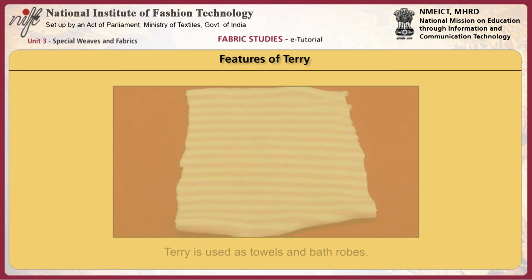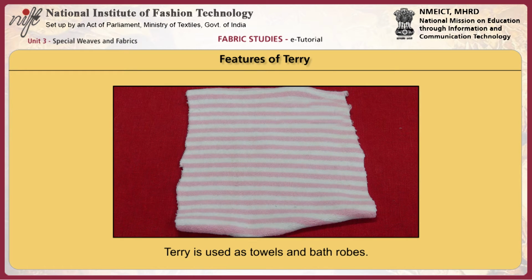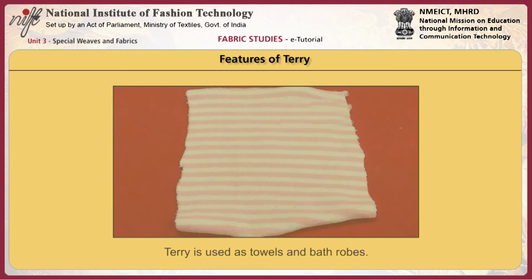Terry fabrics are made more durable with a polyester cotton blend ground fabric and cotton pile loops. The loop yarns are made with low twist cotton yarns, thus contributing to fabric absorbency. They are widely used as towels and bathrobes.